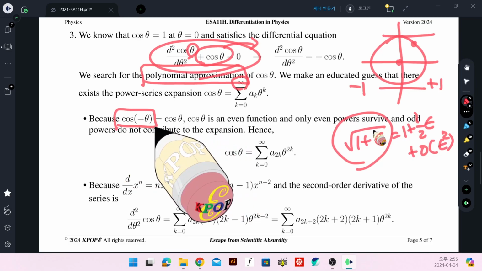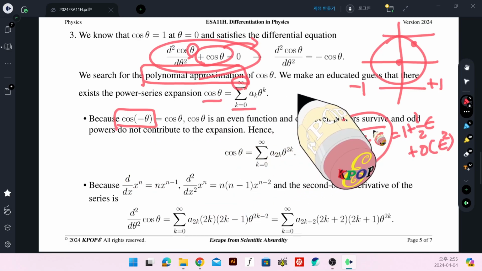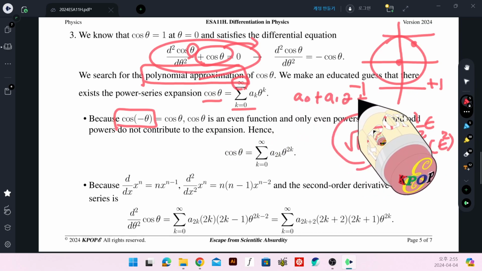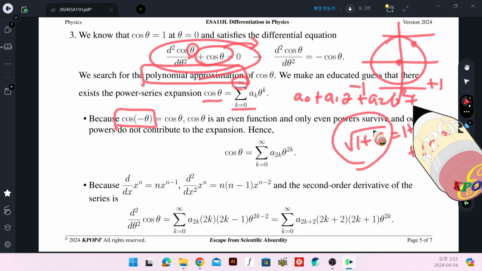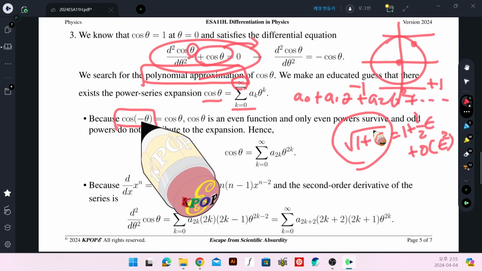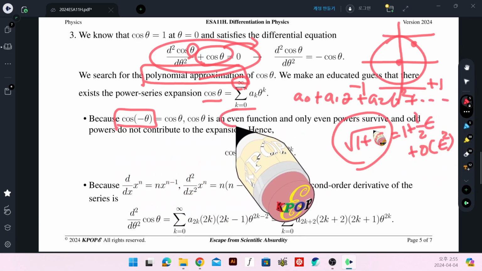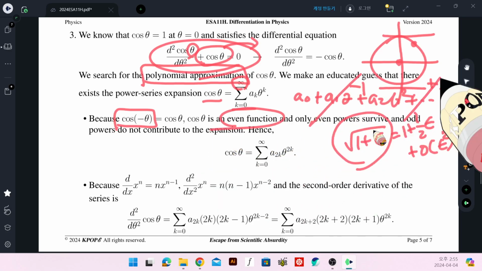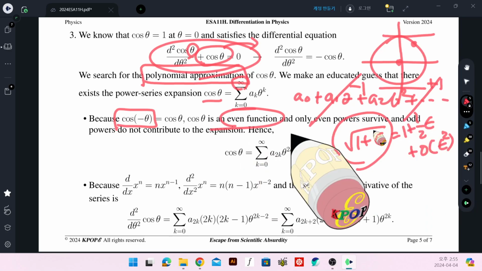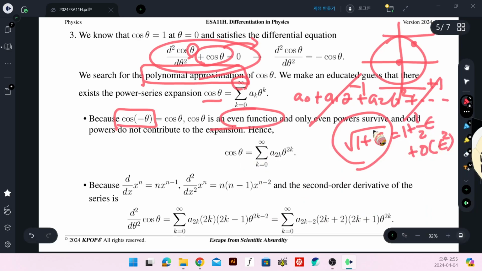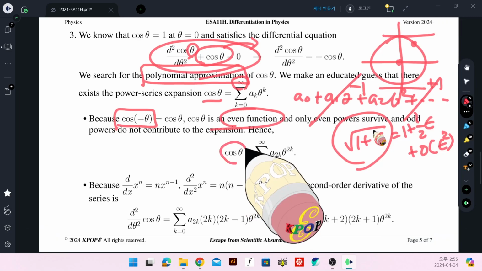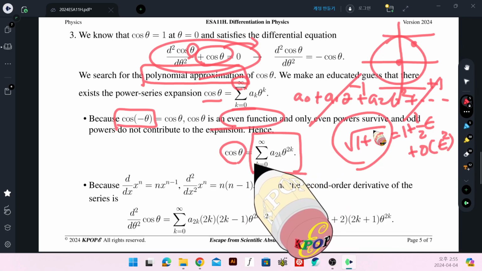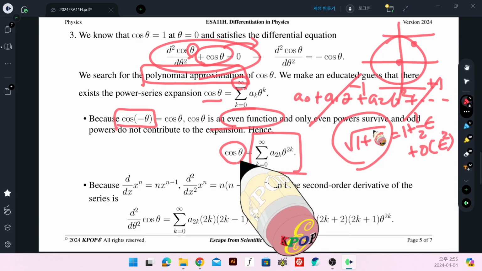As a result, if I want to expand this, for example, a0, a1 theta, a2 theta squared, and so on, then it must satisfy the fact that it is an even function. So all odd powers contribution must disappear. As a result, our cosine function should be expressed as a sum of even powers of theta.